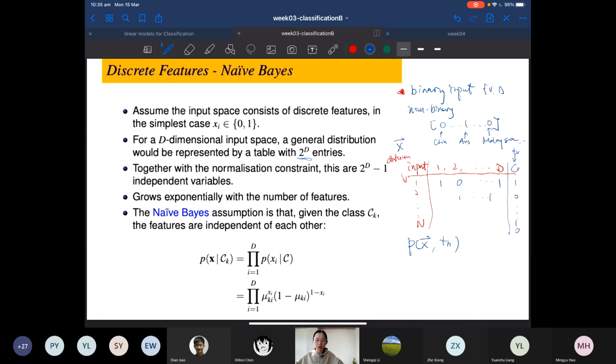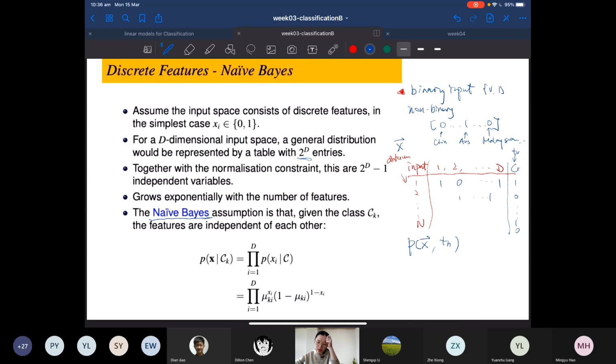What comes to the rescue is that we simplify our model. Instead of modeling the world of all binary inputs of d dimensions, we make what's called the naive Bayes assumption: given the class C, we assume that the features are independent of each other. Recall conditional independence.